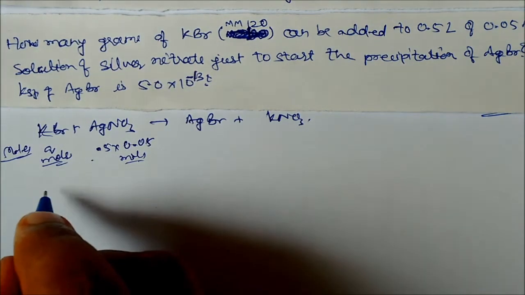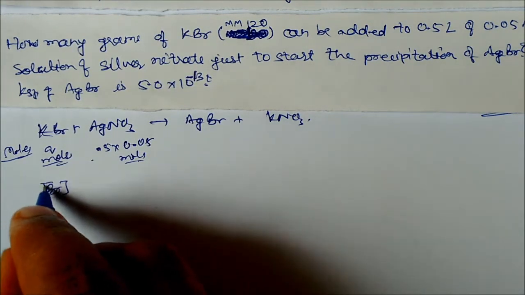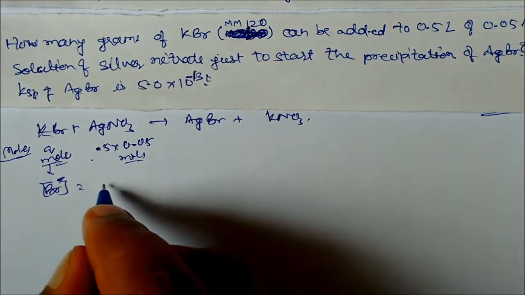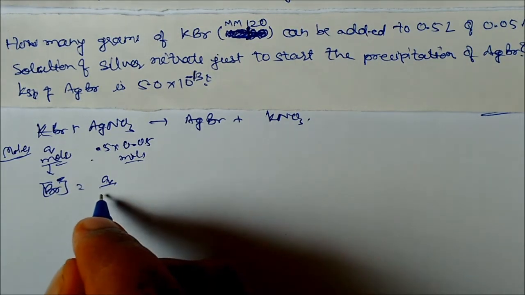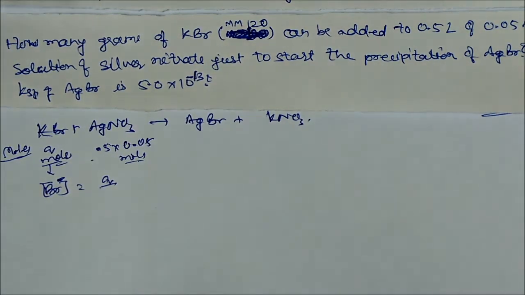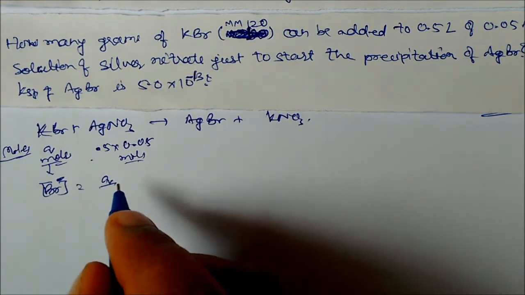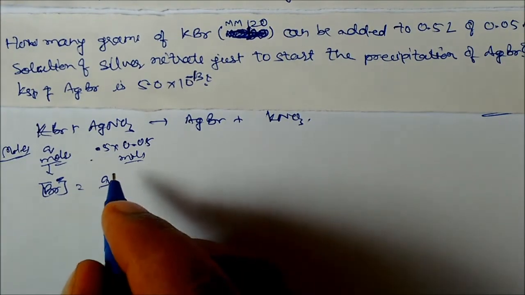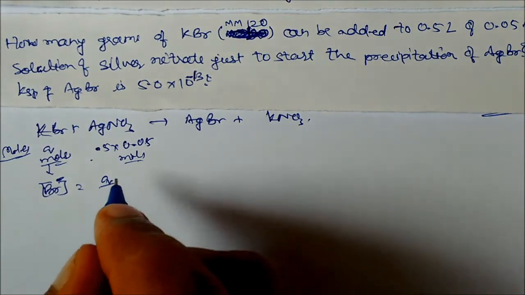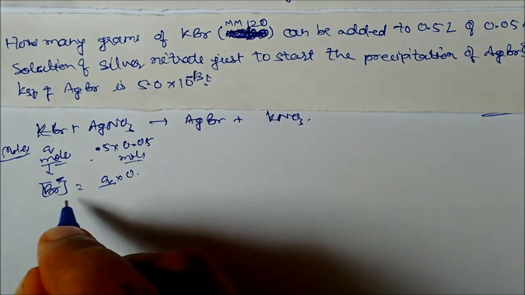The concentration of Br will be A mole divided by 500, so A moles in half liter.